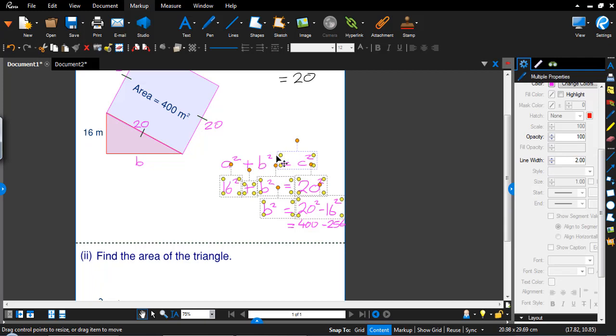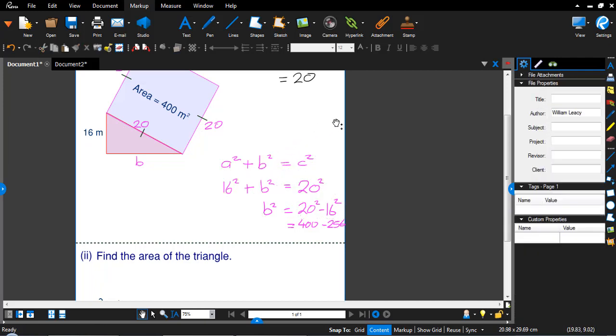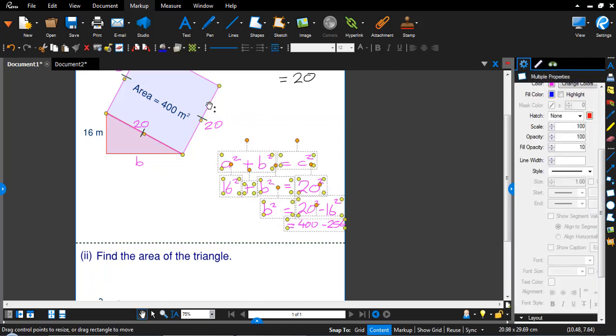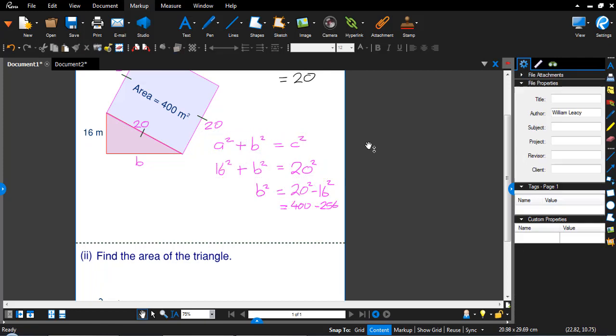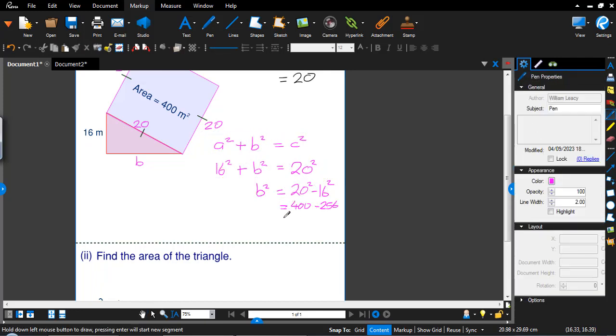There. Now, so that minus that is 144. You can do this on your calculator. So if b squared is 144, b equals square root 144, and that equals 12. So we know b equals 12, right?